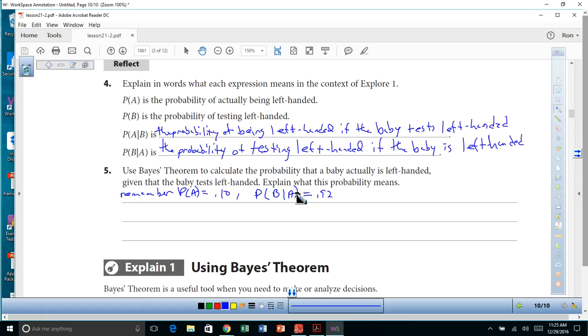The probability of testing left-handed, given that they are left-handed, is 0.92. Okay, so the probability of B, and that would have been 137,000 over 1 million, is 0.137.